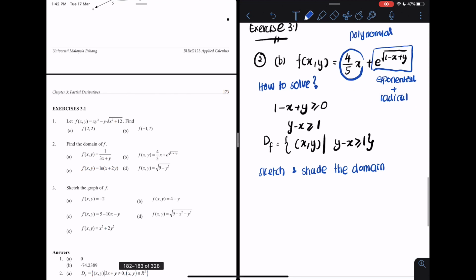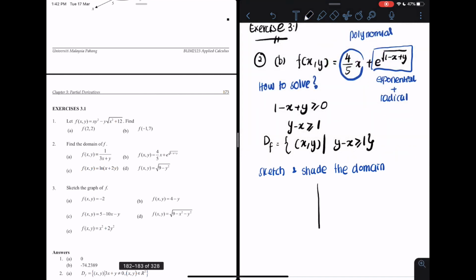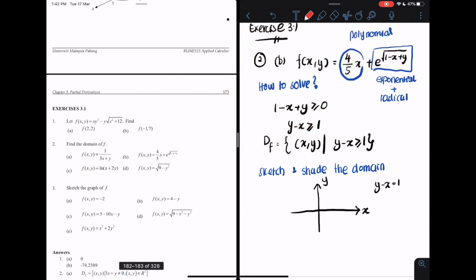Always remember, for a function of two variables, the domain will always lie on the xy plane in the two-dimensional coordinate system. So I'll sketch the two-dimensional coordinate system that involves the y and x axes. Again, y minus x equal to 1 always gives you a straight line. Try to determine the x and y intercepts.